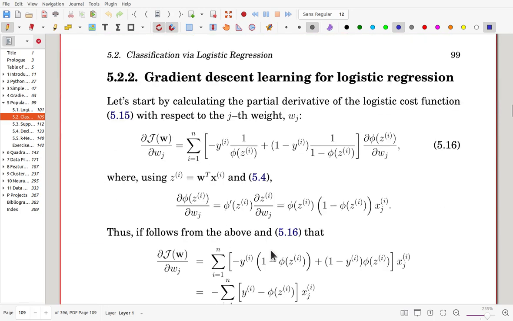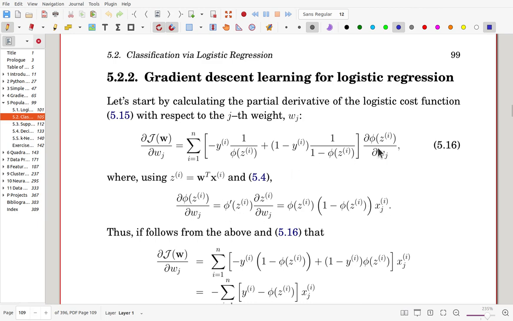Okay, now we consider the gradient descent method. We start with the derivative with respect to the parameter weight w_j. For this term, by using the chain rule, we can get this one, and we already know that for the sigmoid function, its derivative is the sigmoid function times 1 minus sigmoid. And the derivative of z_i with respect to w_j is just x_j.